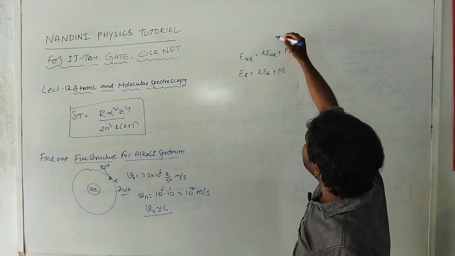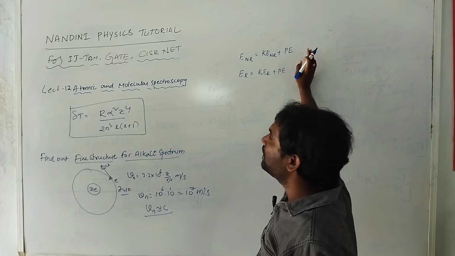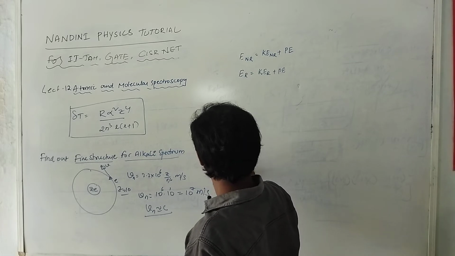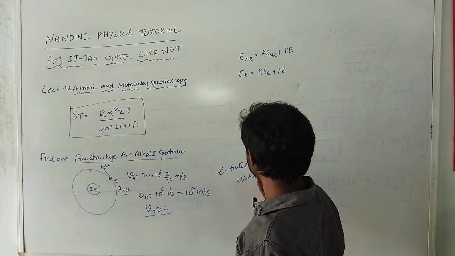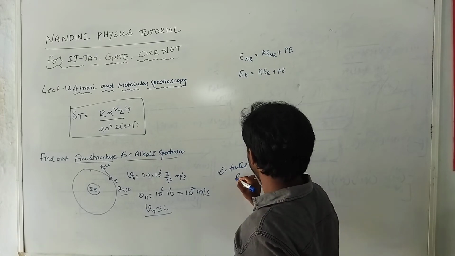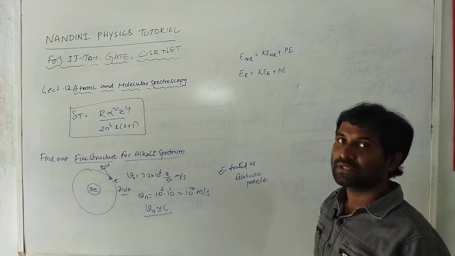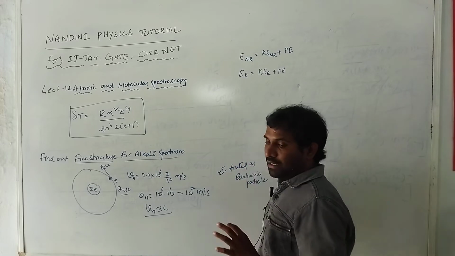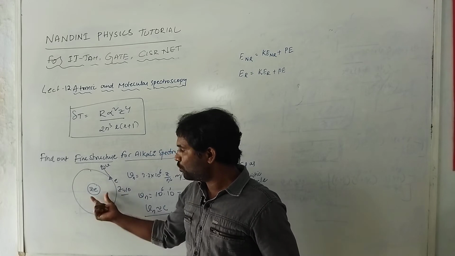Here the electron is treated as a relativistic particle, which means this relativistic electron is revolving around this nucleus.